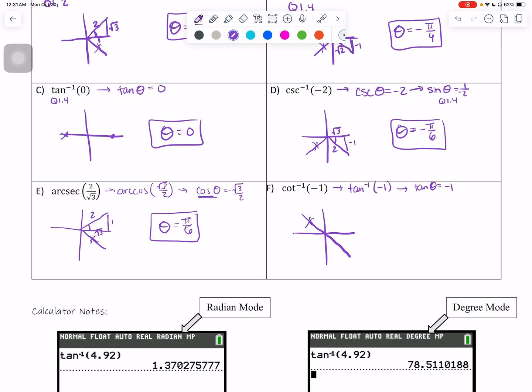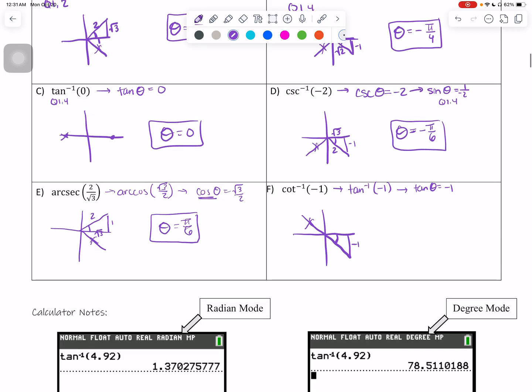The calculator will give you quadrant 4, and it will give you this angle as a negative, but let's figure out what that angle is. Remember, tangent is opposite over adjacent, so that'd be a negative 1 over 1. This is square root of 2. That's a 45-degree reference angle, so our angle will be negative pi over 4.